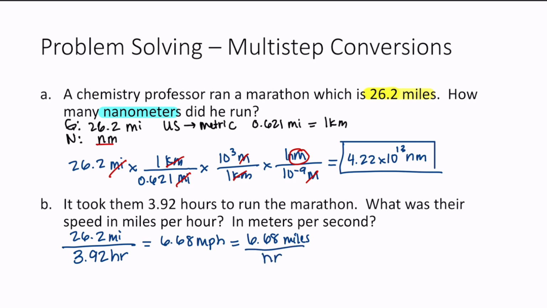So again, in order to change miles, which is a US system, into meters, I'm going to have to first convert into the metric system. So I can use the same conversion I did above. We have 1 kilometer over 0.621. Whoops, too many zeros. There we go.